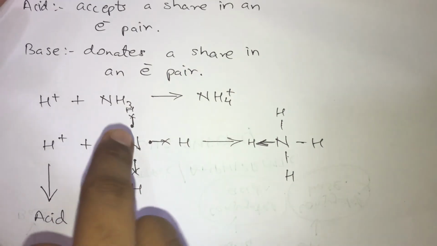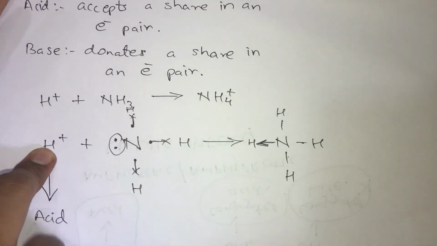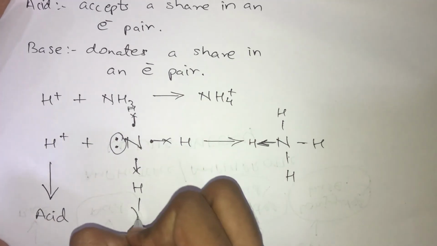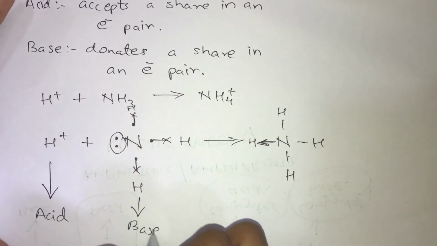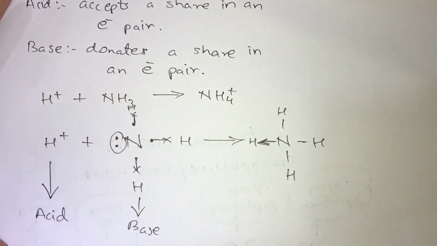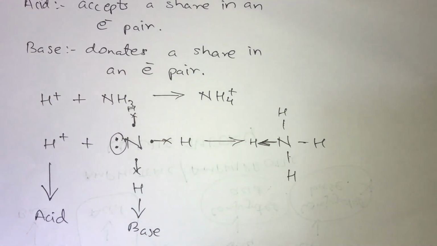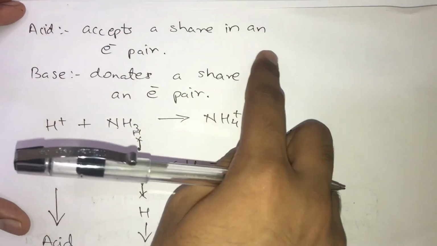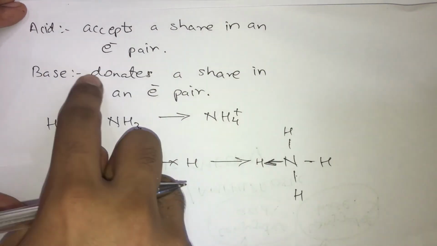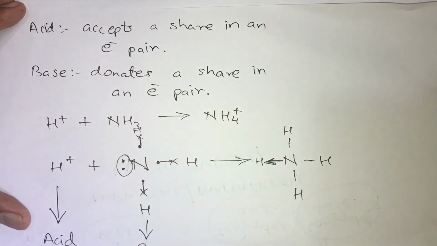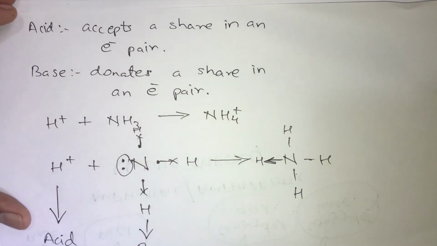It is donating a share to this H plus in an electron pair. Therefore this becomes your base. So this is how Lewis theory tells us that an acid accepts a share in an electron pair and a base donates a share in an electron pair.